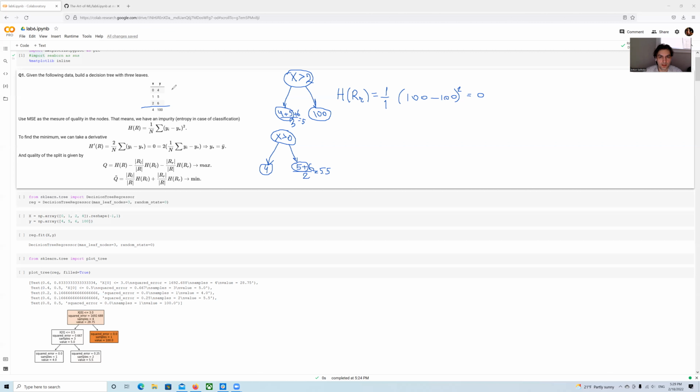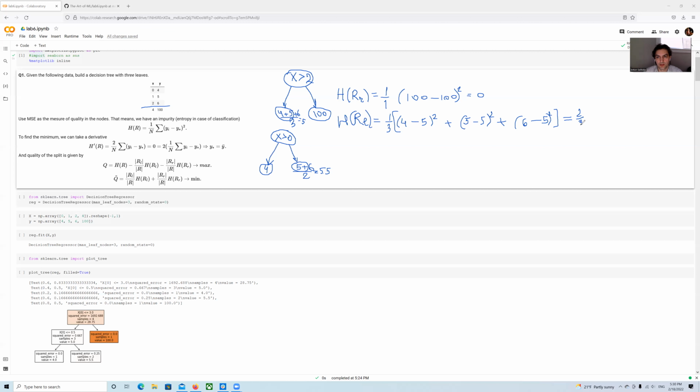And for the left class, we have 3 elements and mean value 5, so 4 minus 5 squared, plus 5 minus 5 squared, plus 6 minus 5 squared. It will be 1, 0, 1, so 2 thirds.